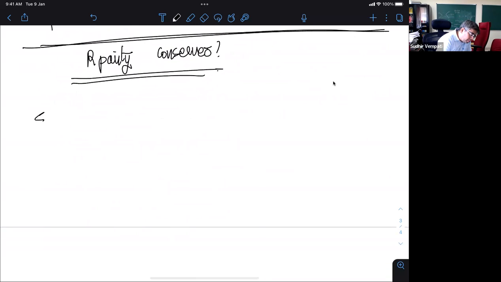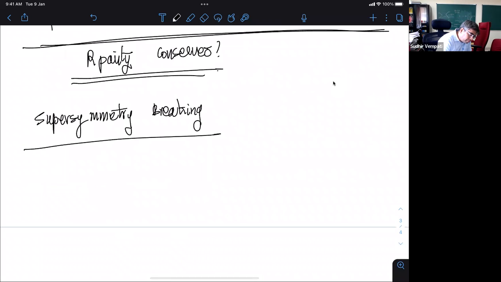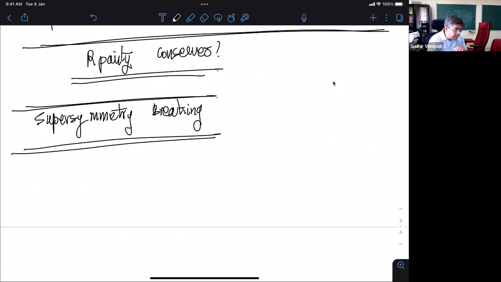Now let's talk about supersymmetry breaking. To finish the MSSM, we need to understand how supersymmetry is broken, because the MSSM tells you that for every quark, there is a squark, and so these squarks should have the same mass as quarks.